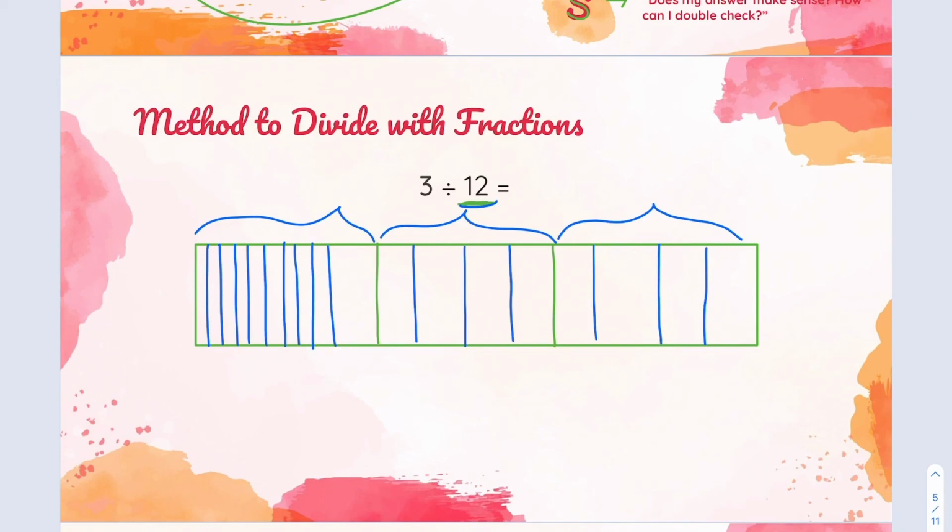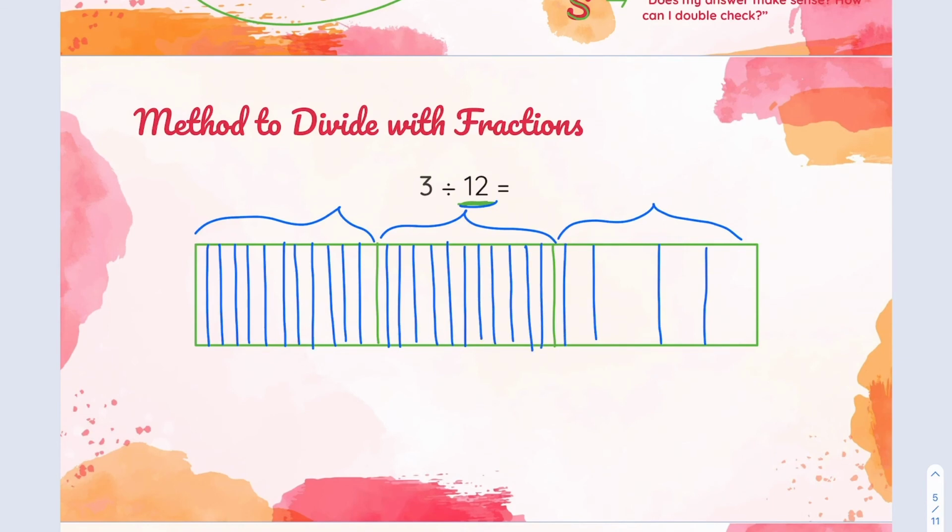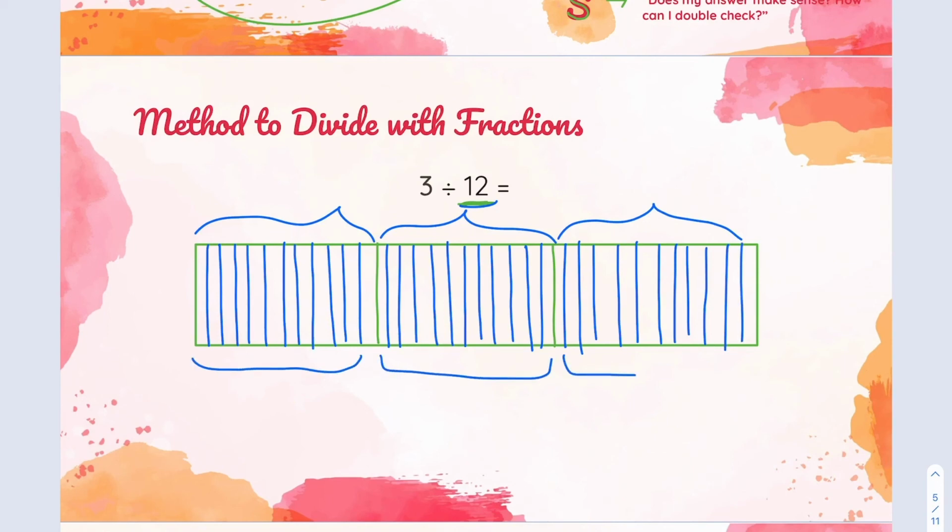And that should give me 12. And I'll double check just so you guys can see. 1, 2, 3, 4, 5, 6, 7, 8, 9, 10, 11, 12. So yeah, just put 2 lines. And so there we have our 3 wholes cut up into 12.